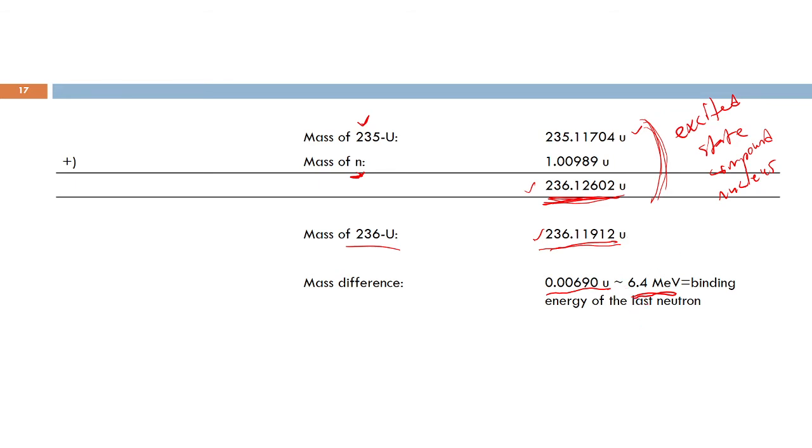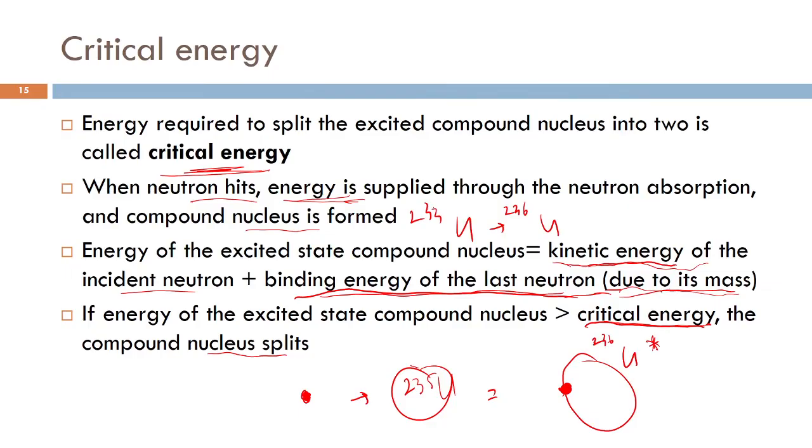So this is now the binding energy of the last neutron, or the energy of the excited state compound nucleus.